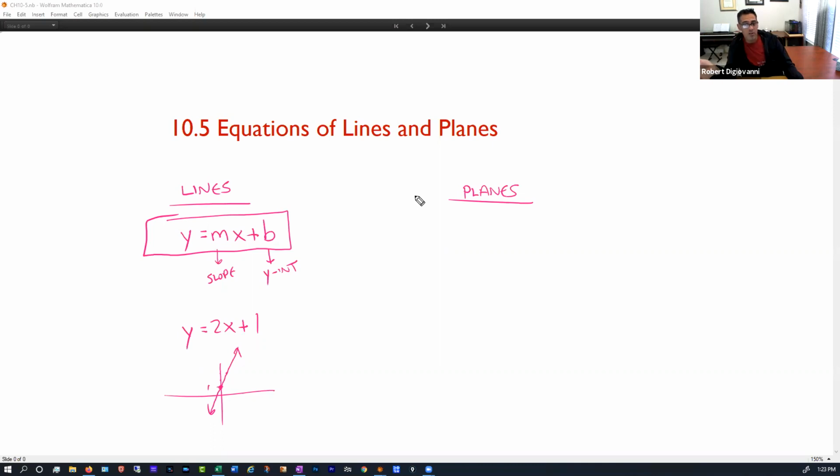Does anyone know the general equation of a plane? When we talk about planes, we're talking about a flat sheet of paper in three-dimensional space that extends forever in each direction. So, does anyone know the general equation of a plane?